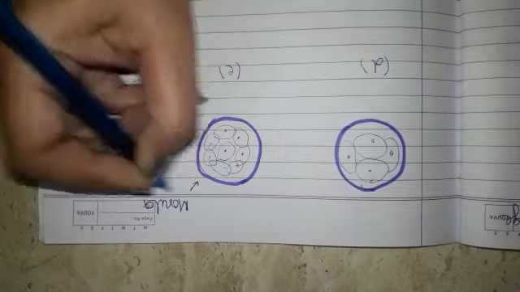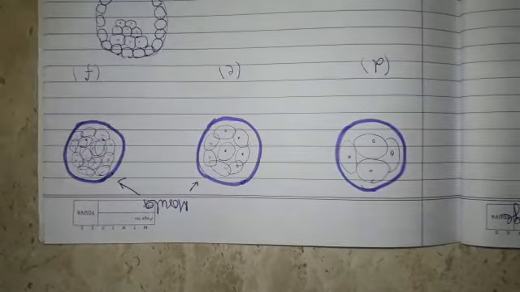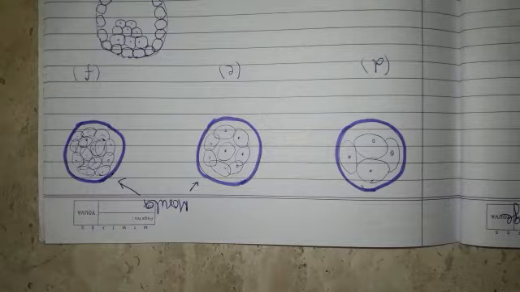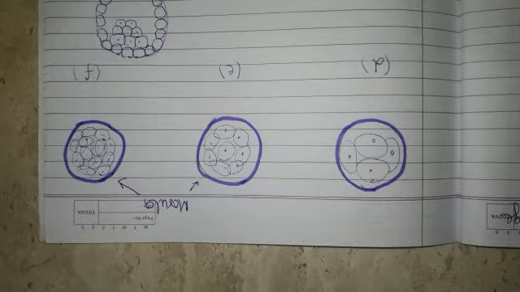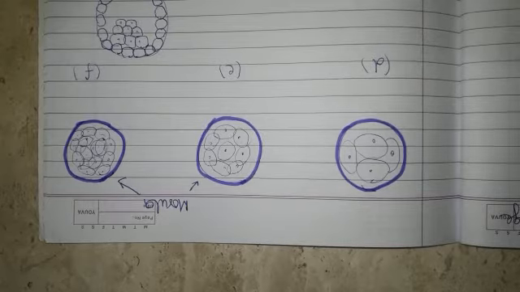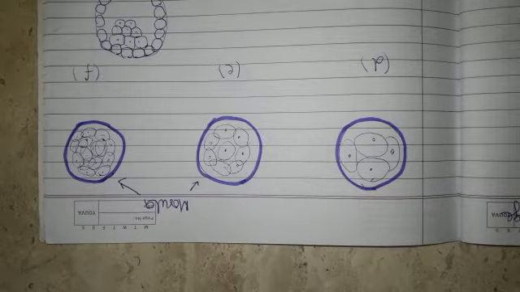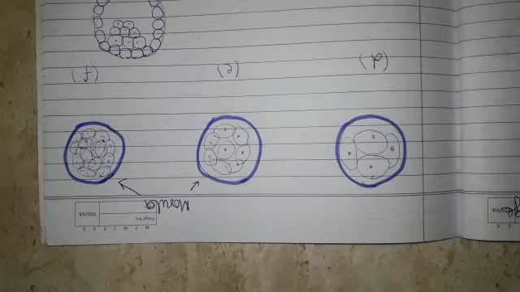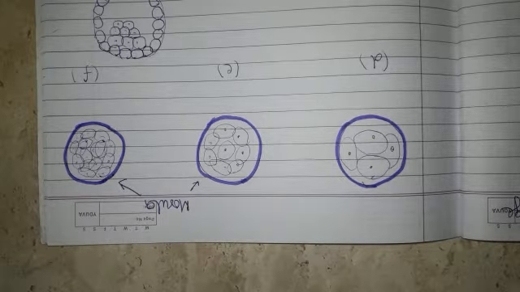This 8 celled and 16 celled stage is called morula, and it results in the formation of a mulberry shaped structure. Cleavage in human zygote occurs during passage of zygote from fallopian tube to the uterus.